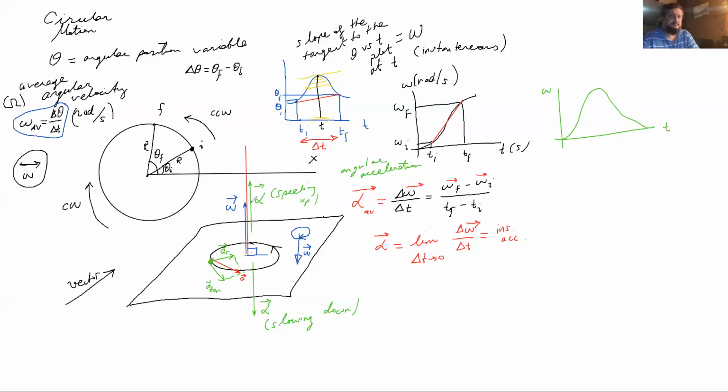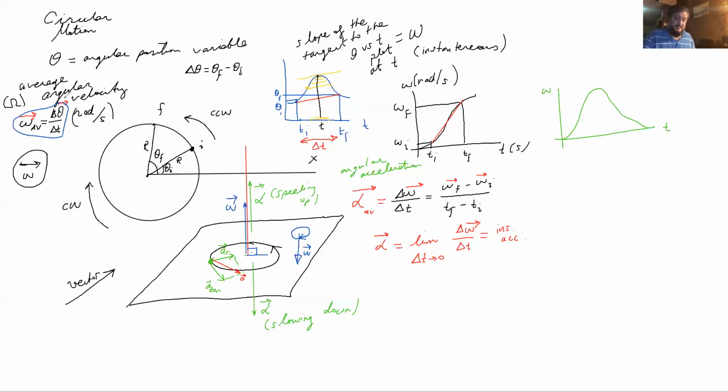Okay, so that makes you wonder now. Omega is a vector, alpha is a vector. Fine, this makes sense. But if I put an arrow on top of omega right here, what about theta? Is theta a vector? It is.